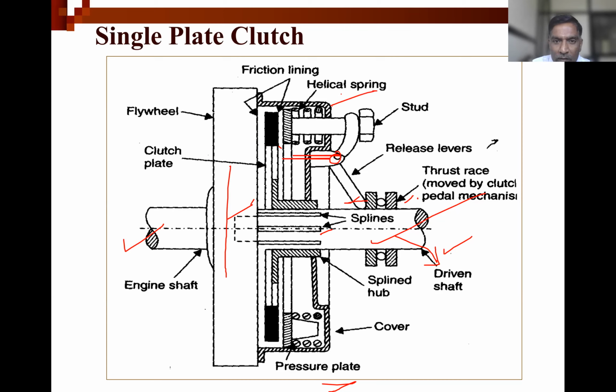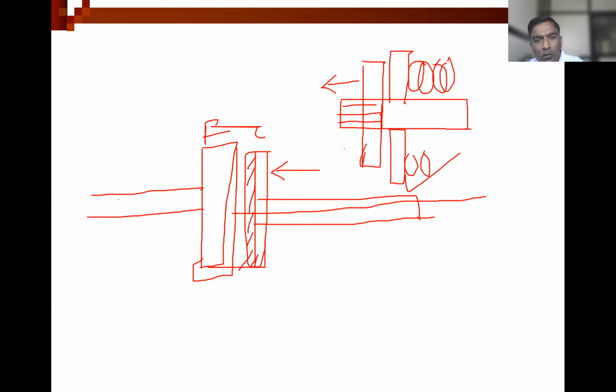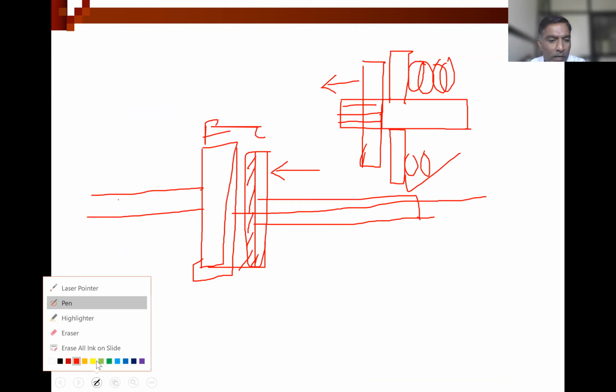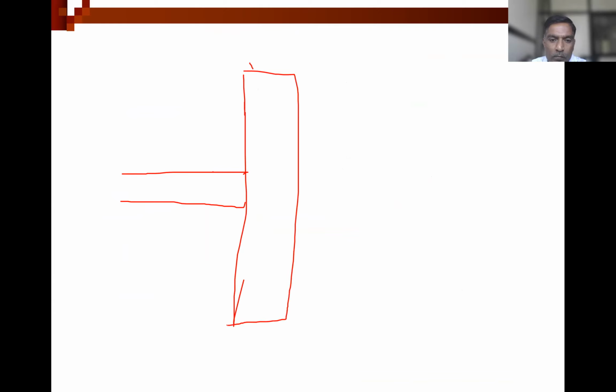So this is the casing. This one is the casing. So such casing is provided. So once again, I will draw. This is the flywheel, and such casing is mounted on the flywheel.